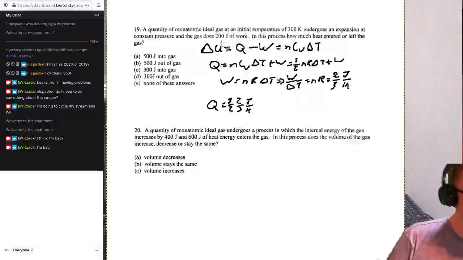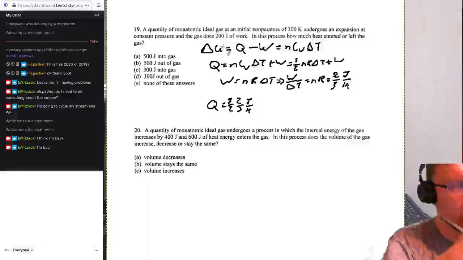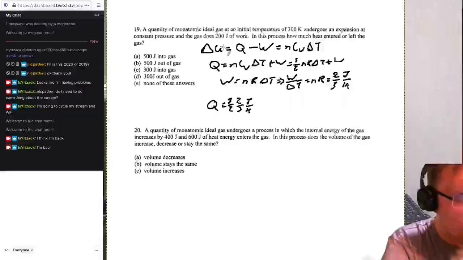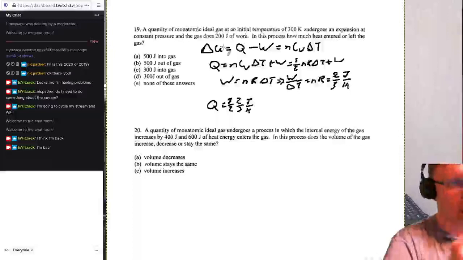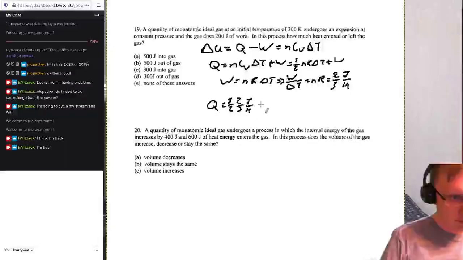Initial temperature 300 Kelvin. Nope, back up. And does 200 joules of work. Yeah, no, we're still fine.